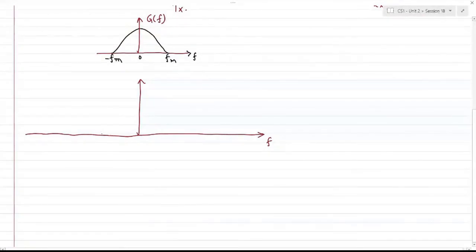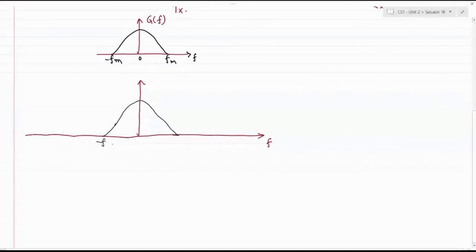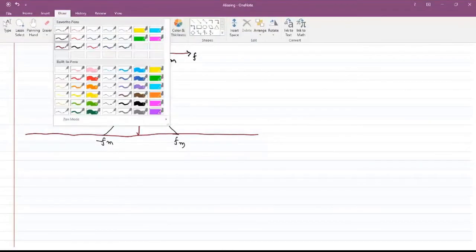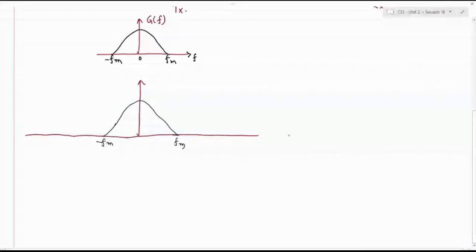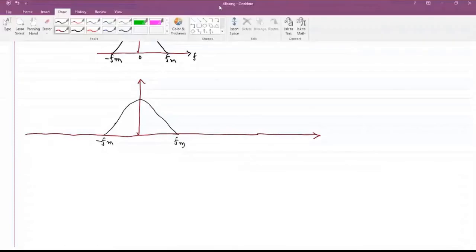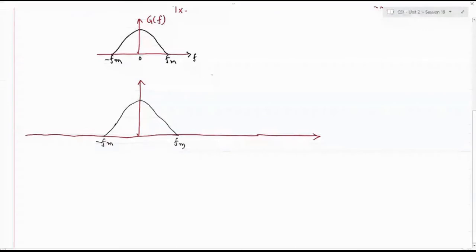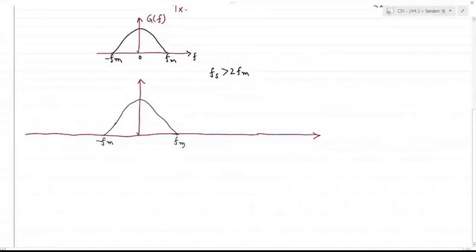One replica will be G of f itself, which is minus FM to plus FM. Since I am setting the sampling rate much higher than twice FM, the other end will not be touching this edge.